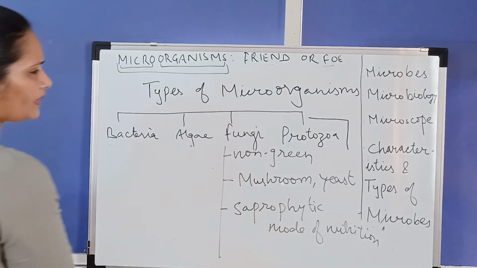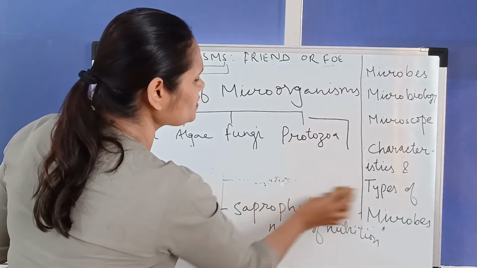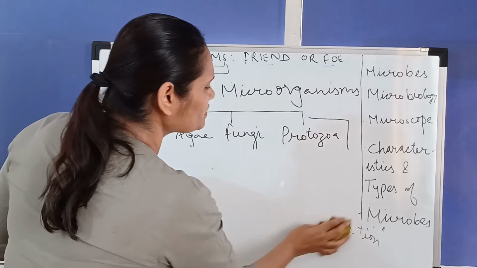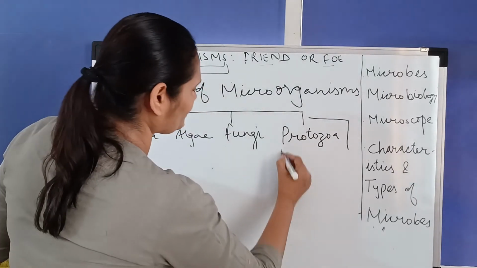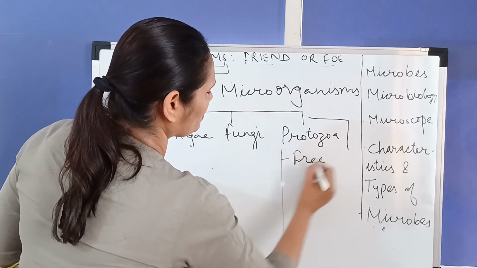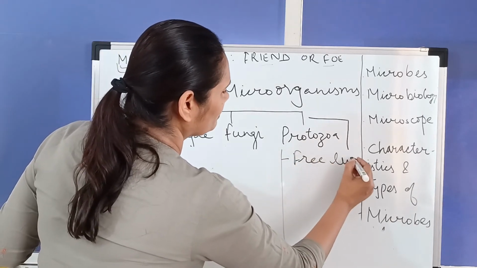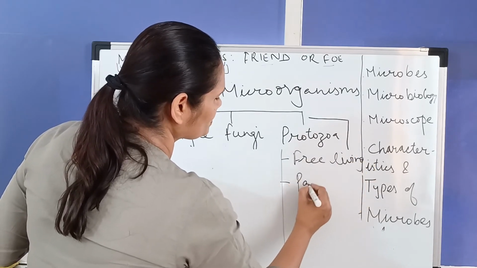Okay. Then protozoa. So protozoans can be free living, or they can be parasitic also.